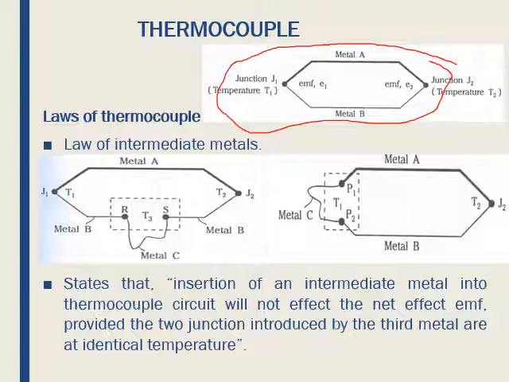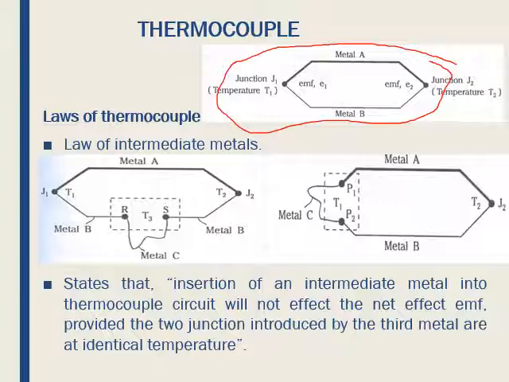Further, a thermocouple is shown with the junction temperatures at T1 and T2, and along the thermocouple wires, the temperatures are T3 and T4, that is along the metals A and B respectively. The thermocouple EMF is however still a function of only the temperature gradient T2 minus T1.